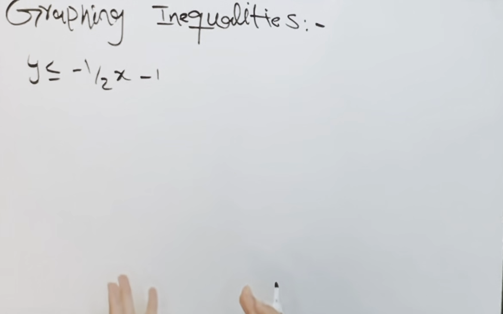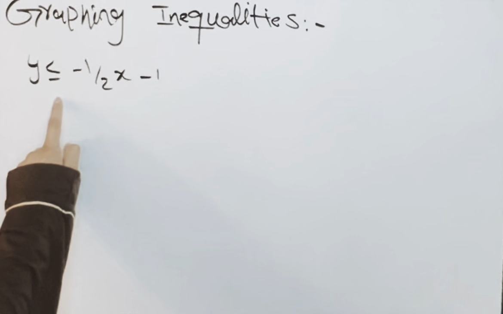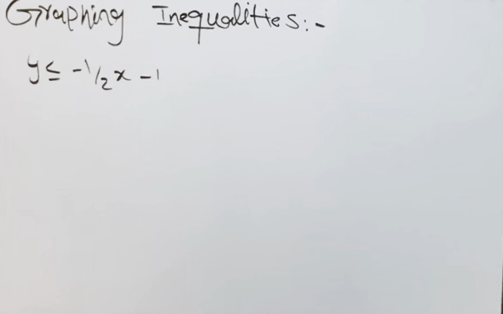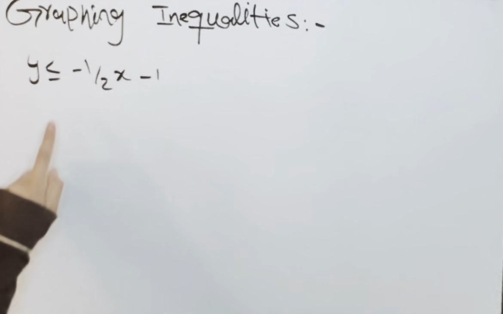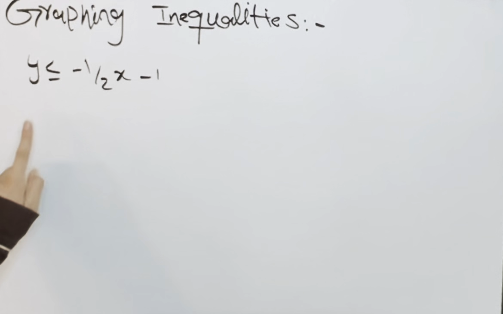So once we graph it, we're going to look at the inequality sign and see which side we want to shade. Now, the easiest way that I can explain it to you is to just look at the inequality. As you can see here in my inequality, I have y is less than or equal to this whole equation.